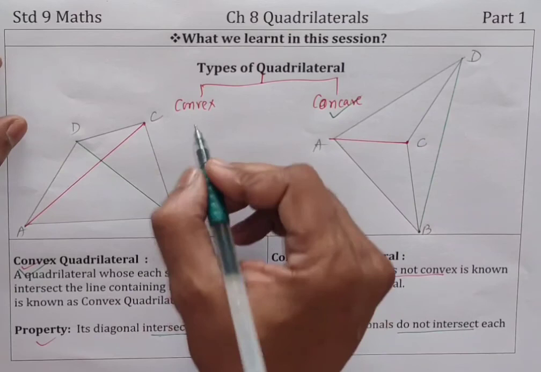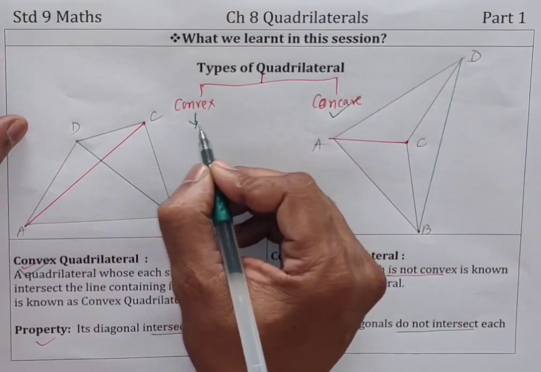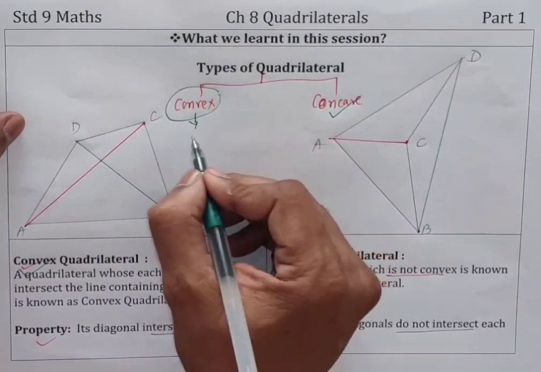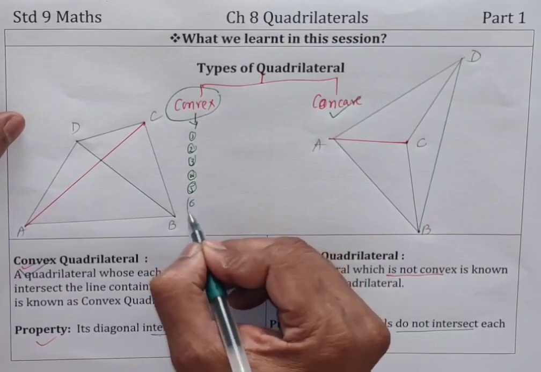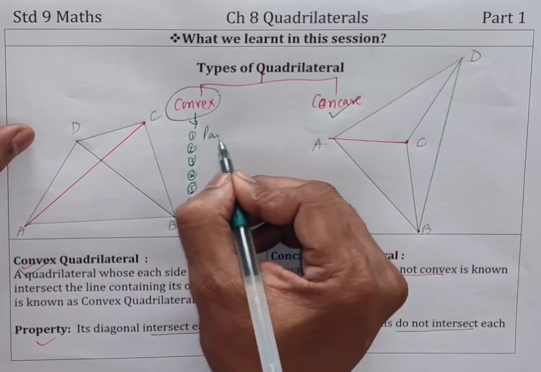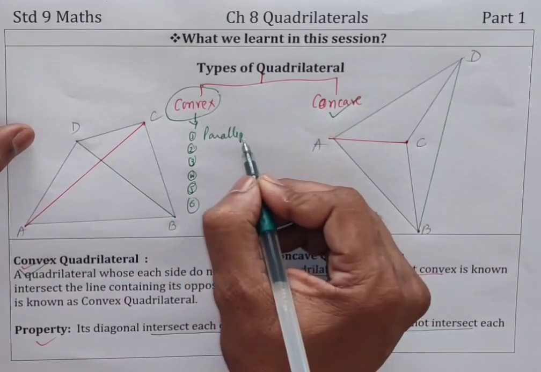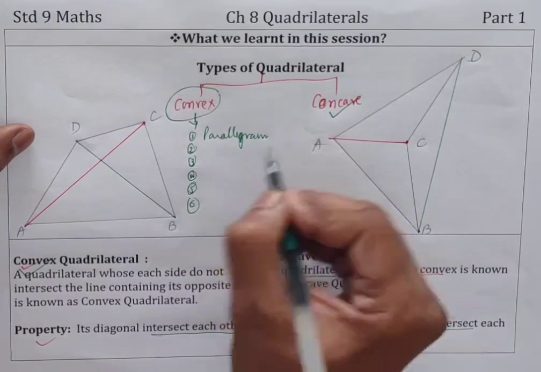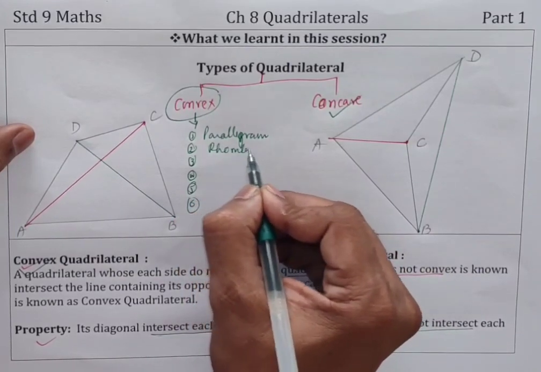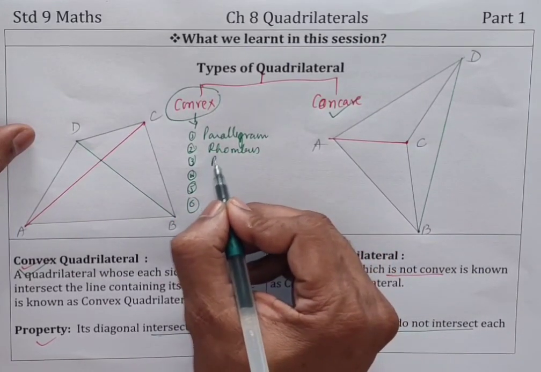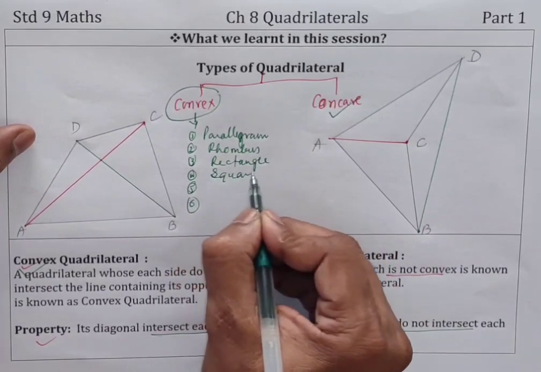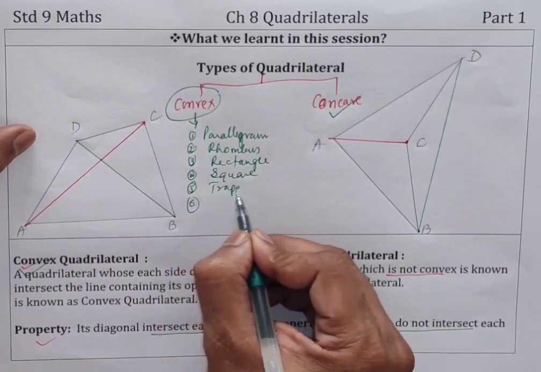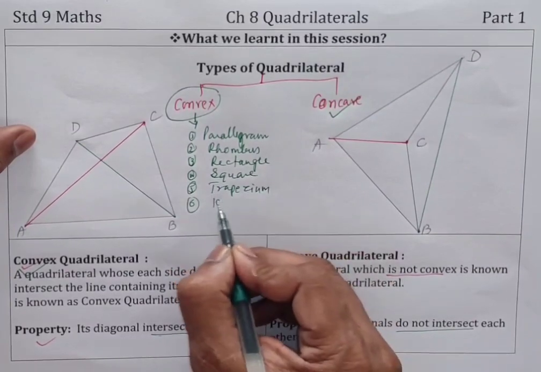Children, in the next session, we are going to learn about types of convex quadrilateral, which are 6 in number: parallelogram, then rhombus, rectangle, square, trapezium and kite.